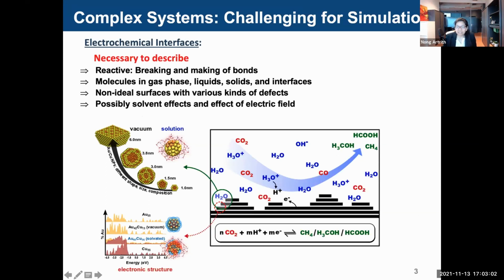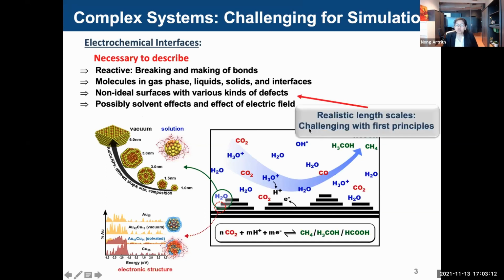Like the cartoon that I drew here, you can see there are so many things happening at the surface and at the interface, and also really complex reactions. There is no realistic and accurate DFT or first principles method that can describe such a complex and large-scale system. So that's why I think the machine learning models that we develop could help look at such a complex system.